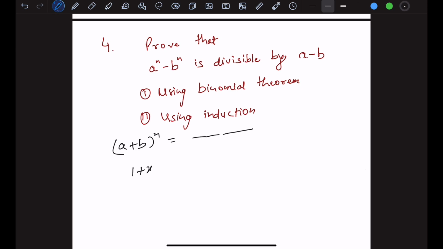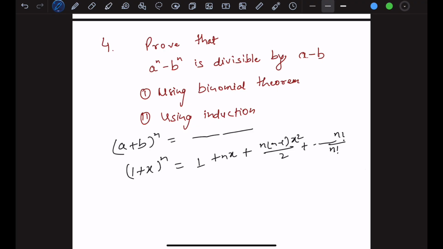But we try with 1 plus x to the power n, which is first term is 1 and second term is nx, then n into n minus 1 x square by 2, up to n factorial by n factorial, basically nCn, right?